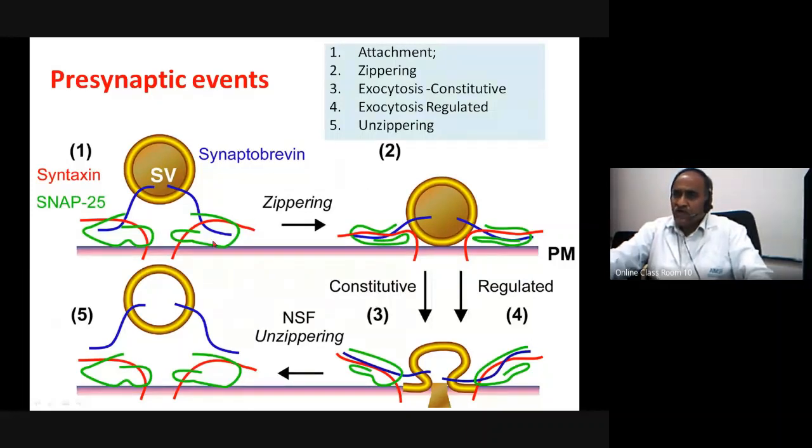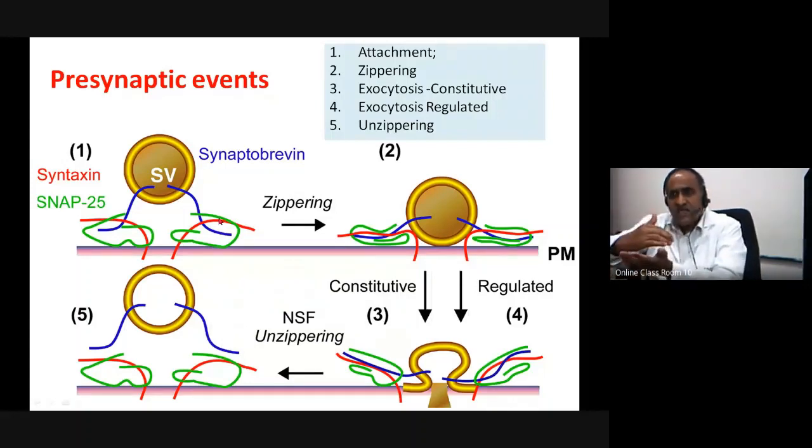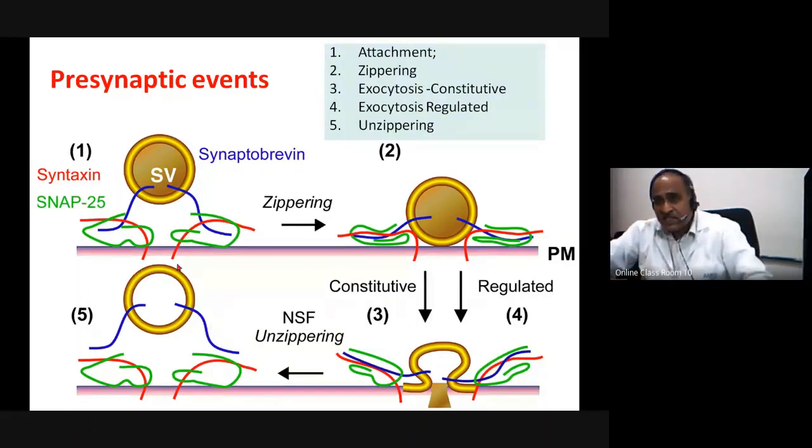And now this folding of this SNAP25 pushes the, because if you just see the arrangement, it's sort of hypothetical. But in this clip, you can just see this is a clip, and now this clip is putting them together. Then what happens?